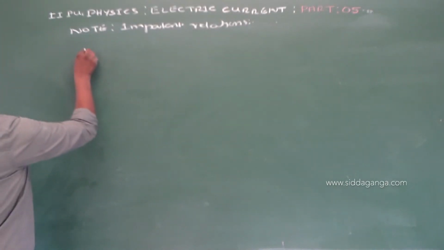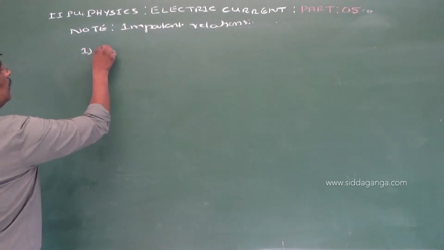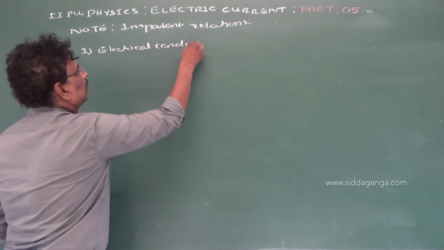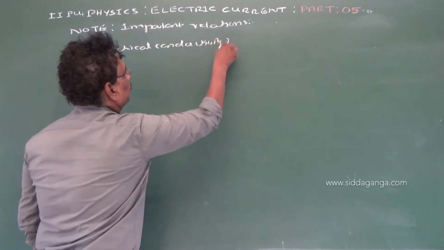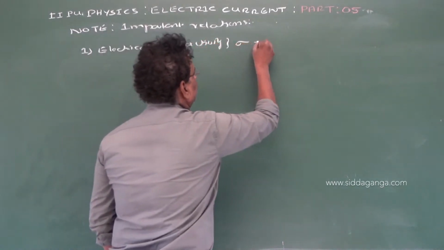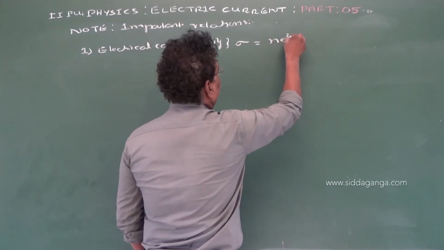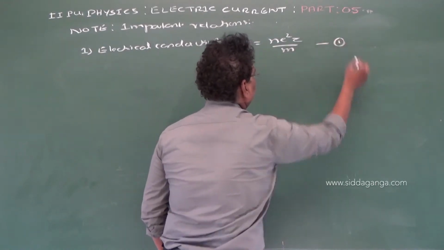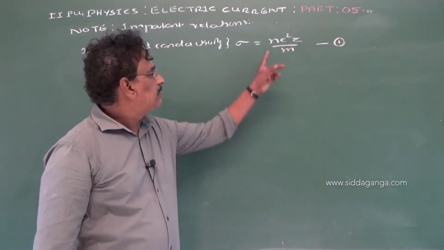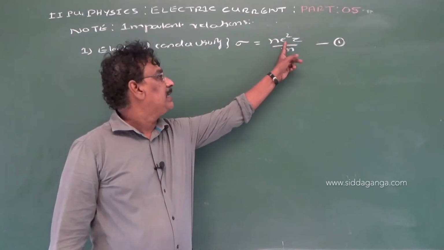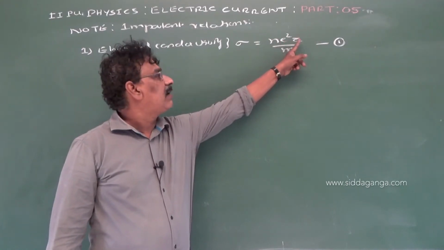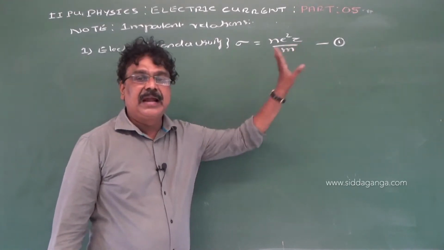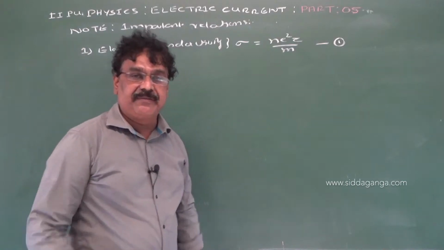Number one, electrical conductivity, sigma is equal to n e square tau by m. Let's take it as equation 1, where n is free electron density, e is charge of electron, tau is relaxation time, and m is mass of electron.